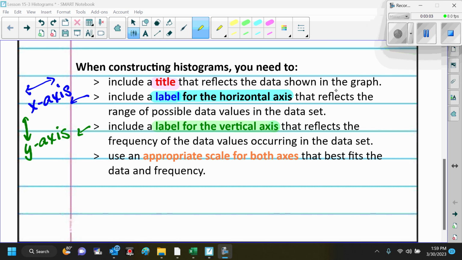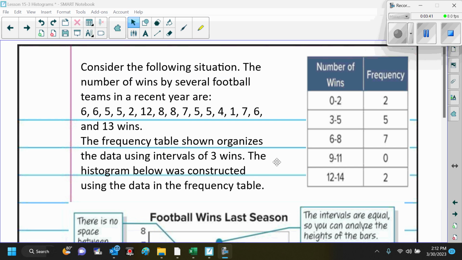Okay? And then finally, we want to make sure that we use an appropriate scale for both axes that fits the data and the frequency. Okay? Now, that is for the intervals and for the frequency. So consider the following situation.